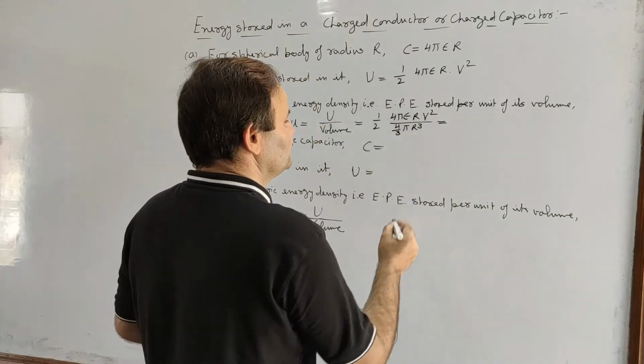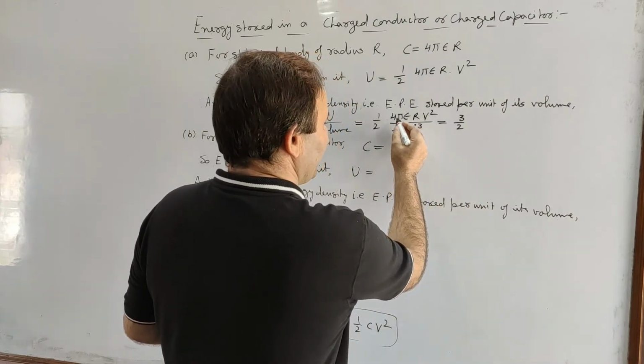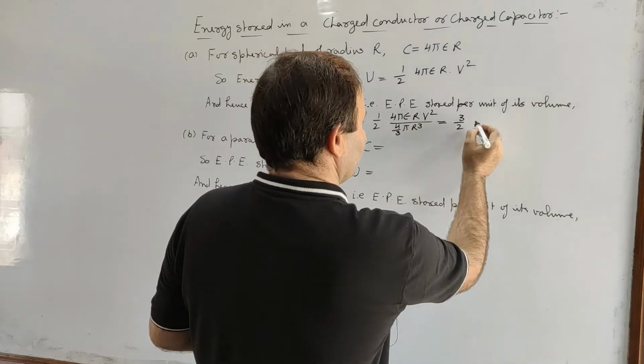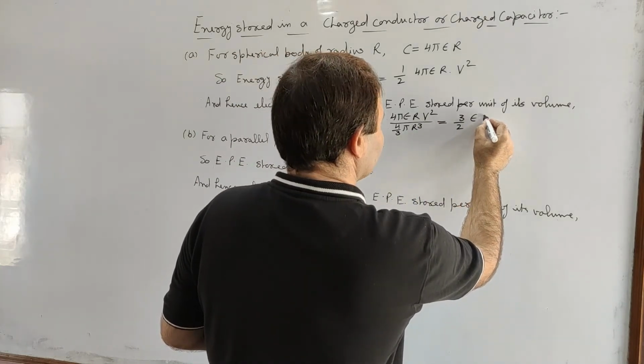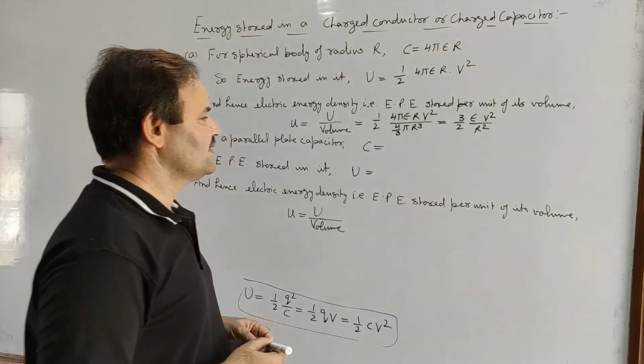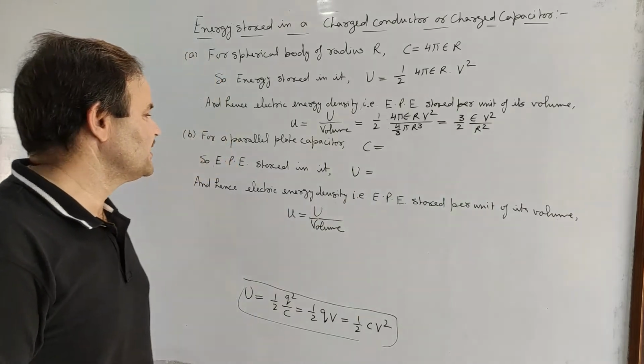This is equal to 3 by 2, and pi will get cancelled, epsilon V square upon r square. So it will become 3 by 2 epsilon V square upon r square.